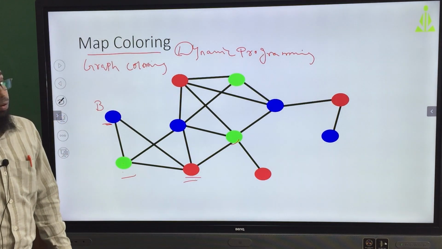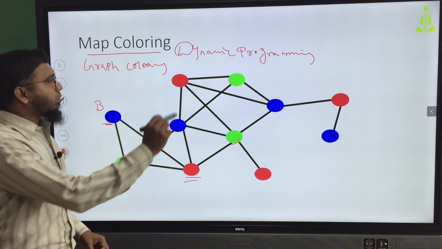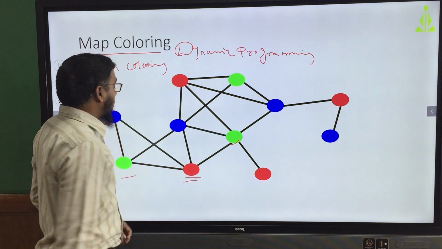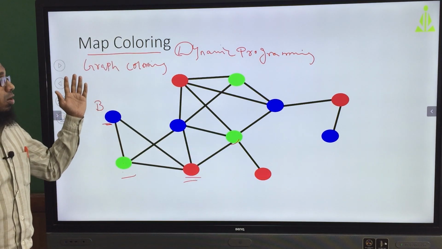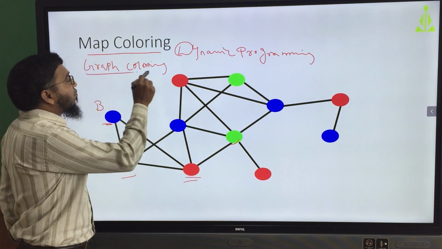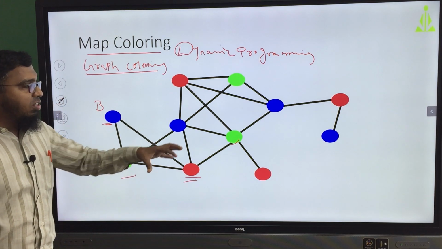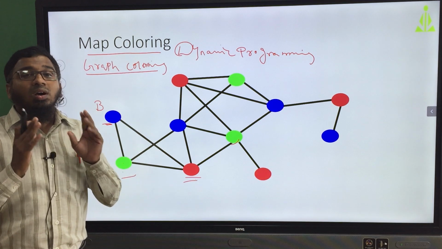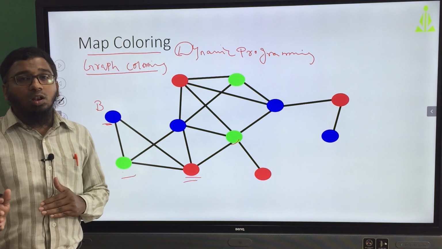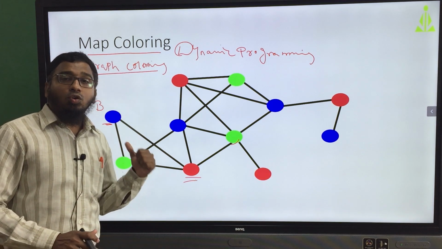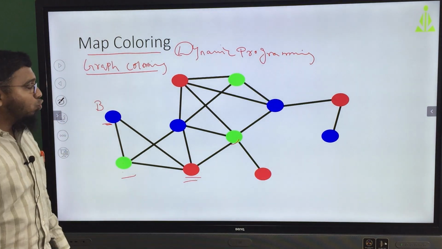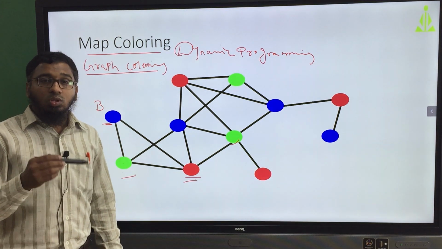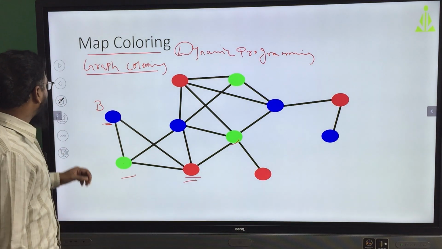This topic is graph coloring. In graph coloring, you should not give the same color to adjacent nodes.